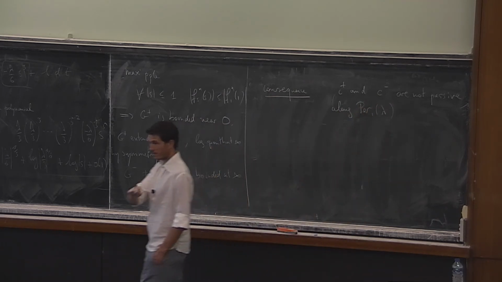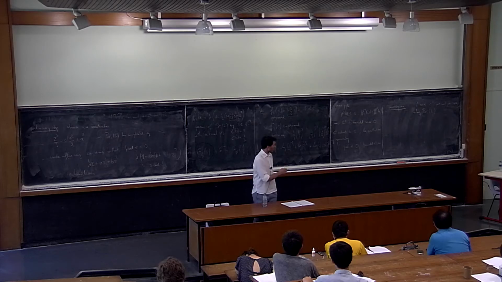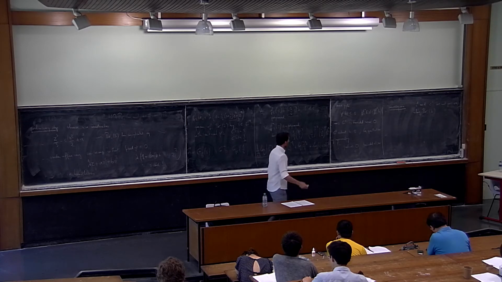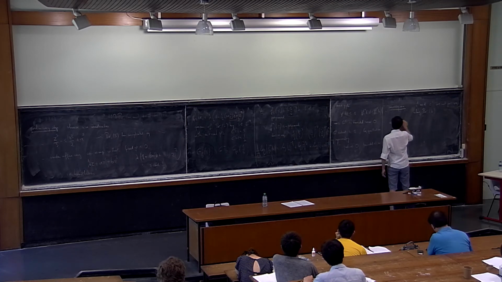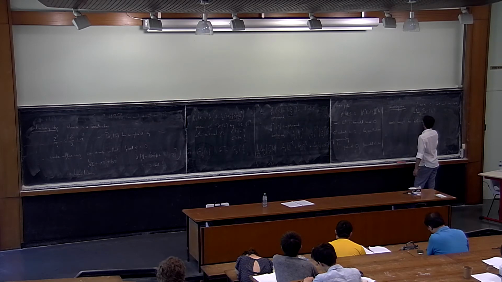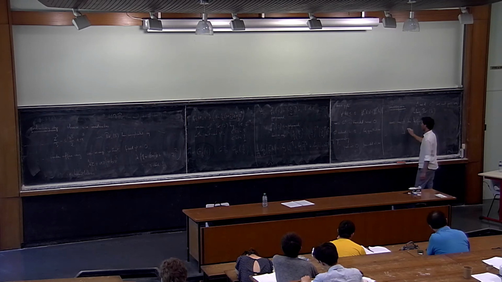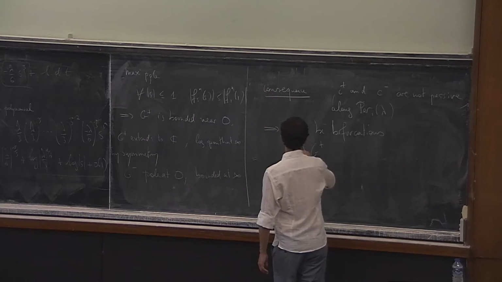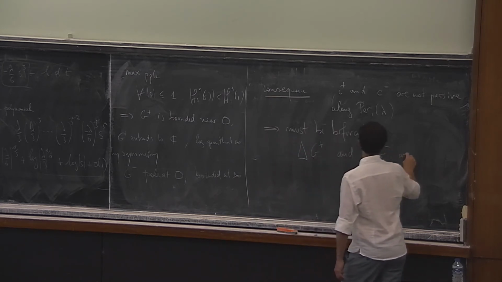Because remember that if a critical point is passive along an algebraic curve, then it must be persistently periodic, so the green function is equal to 0. So there must be bifurcations. And also the Laplacian of G plus and the Laplacian of G minus are non-zero.